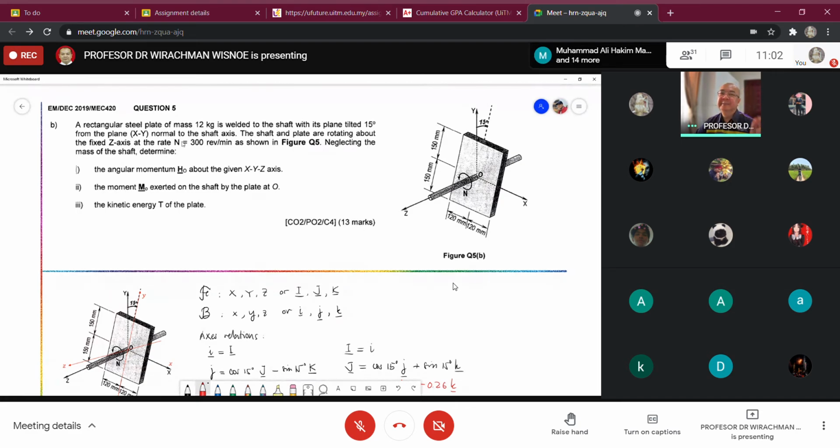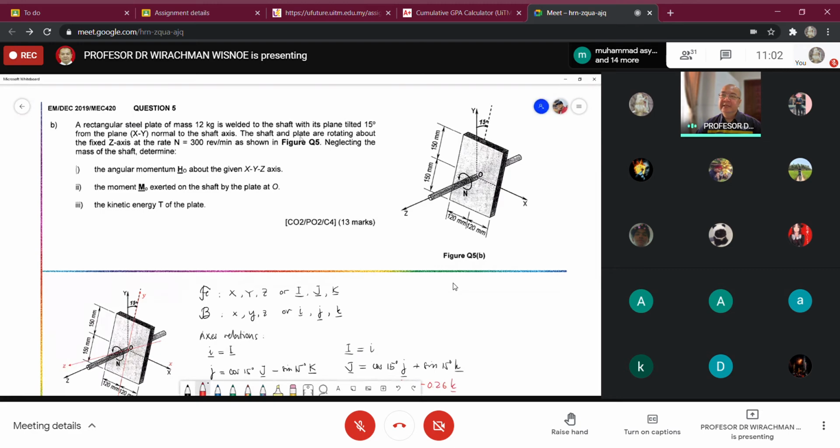Looks simple. A rectangular steel plate of mass 12 kilograms is welded to the shaft with its plane tilted 15 degrees from the capital X, Y plane normal to the shaft axis.